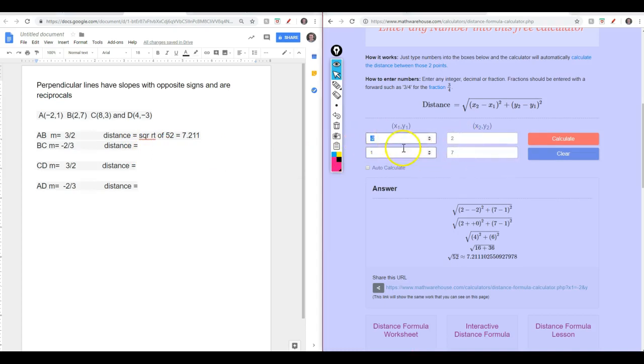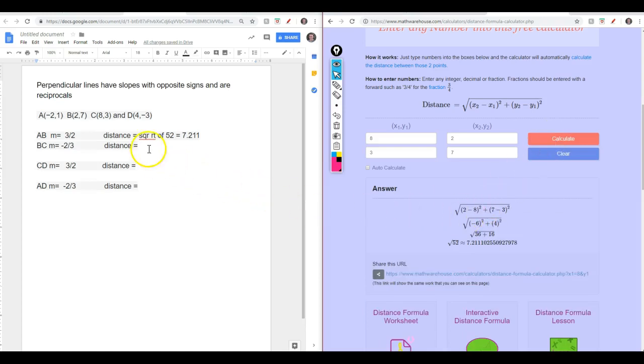Point C is at 8, 3. Calculate that. Again, it's the square root of 52. And segment CD, point D was at 4, -3. Again, it's the square root of 52, so far 3 out of the 4 side lengths are the same.